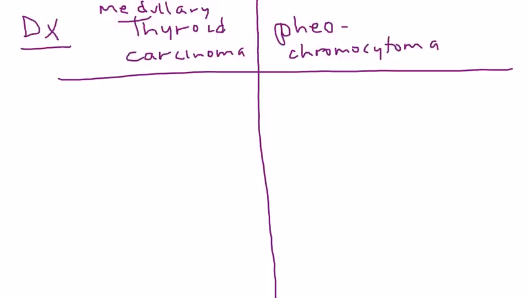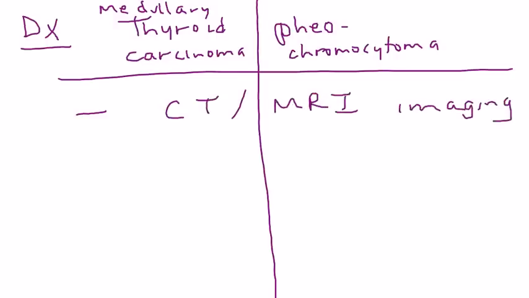If it's in the intestine, then most likely you'd have to do a colonoscopy, but there's no lab tests per se. Well, both of these, first of all, because they're tumors, you'd probably have to do some type of imaging to localize them. So that's the first part of the diagnostic workup.